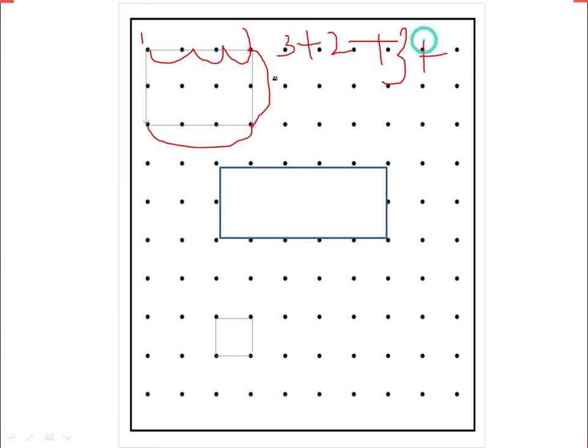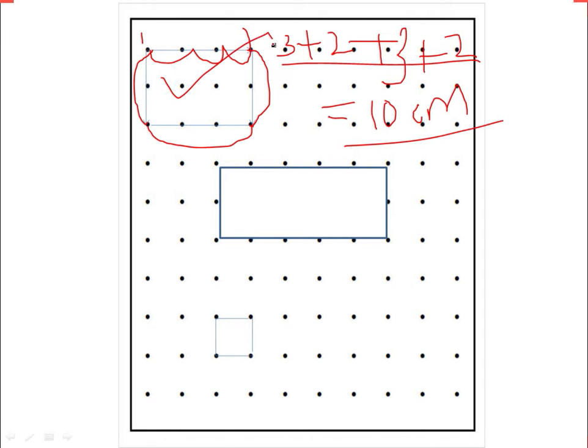The total length from this point to this point is also 2 centimeter, and simply I added all the numbers. So after adding all the numbers, I got 10 centimeter, and this 10 centimeter is nothing but the perimeter of this rectangle.